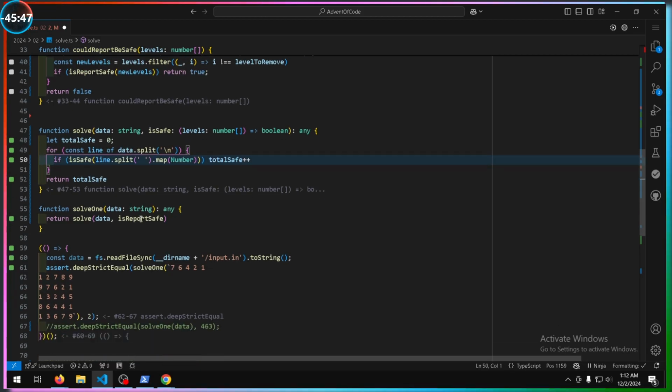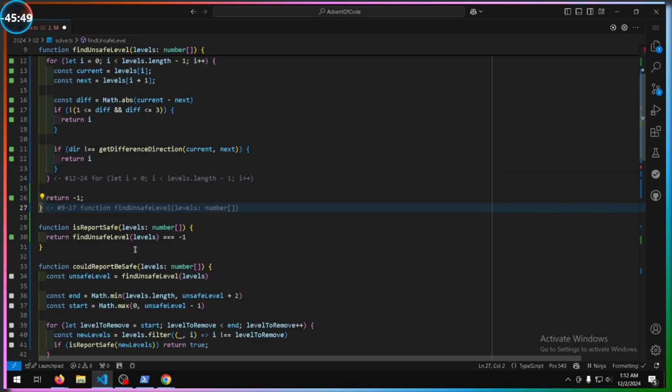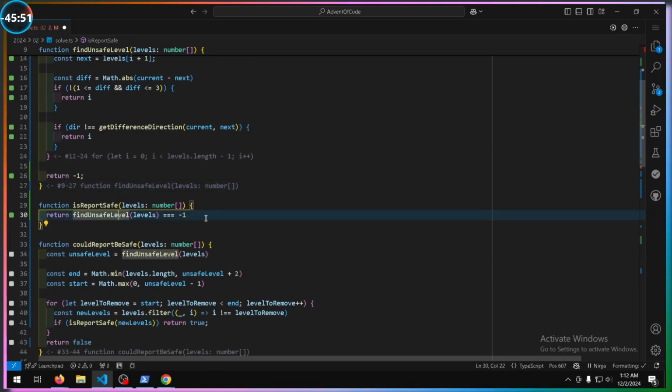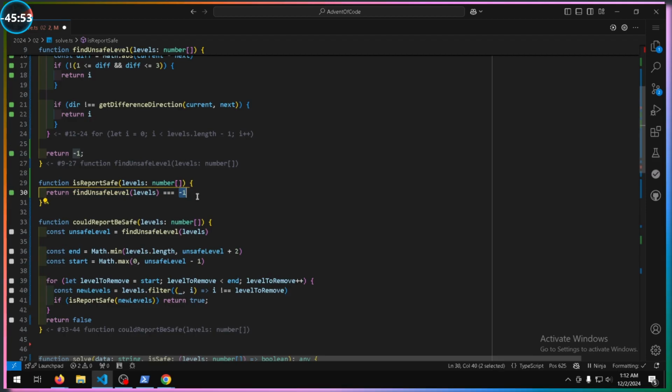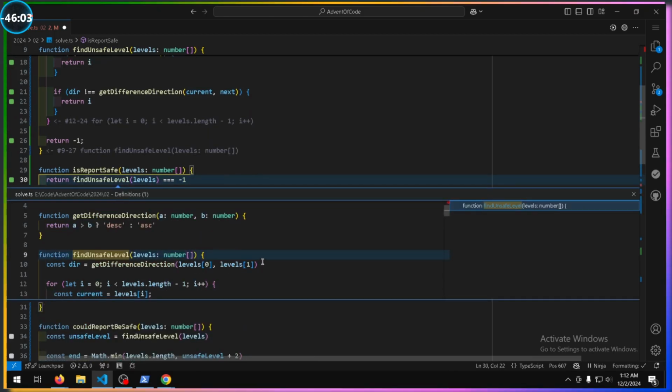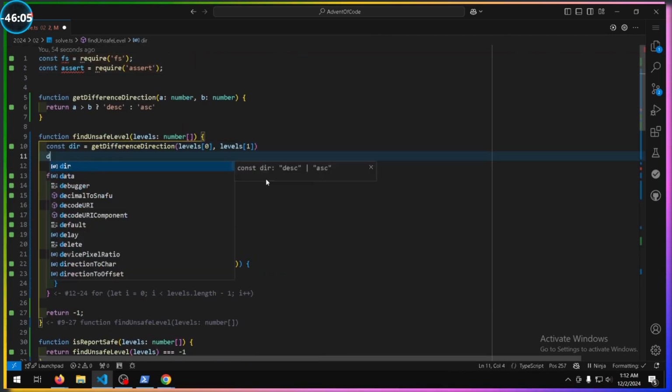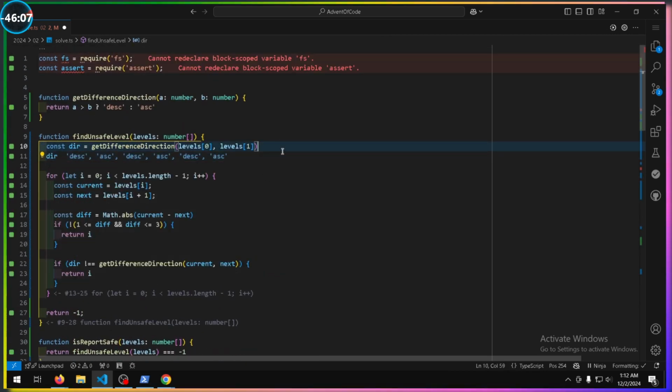Now in part 1, isSafe is report unsafe, which finds the unsafe level and says if it's -1, which is a common JavaScript way of saying does not exist, then there are no unsafe levels. Now, for unsafe levels here, we start by getting the direction between them.